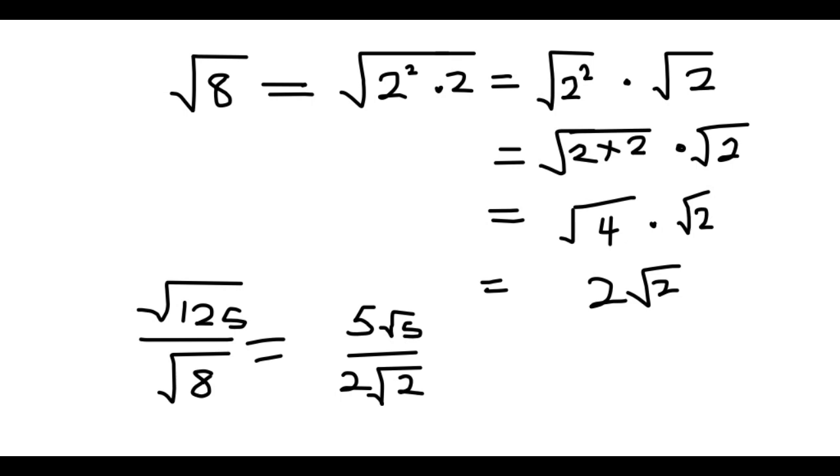So now we can rationalize this. Here we multiply by the square root of 2 divided by the square root of 2.